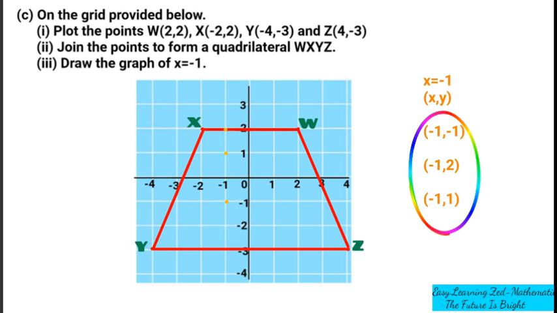Once I've done this, the next thing I'm going to do is draw a line. So that is the graph of x is equal to -1. No matter what number you use as the coordinate of y, the graph you come up with will be the same.